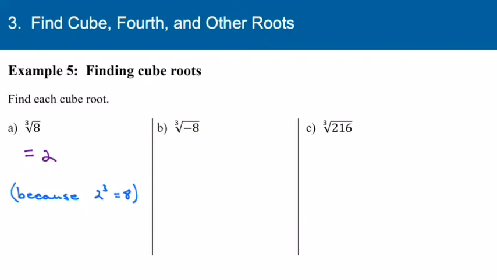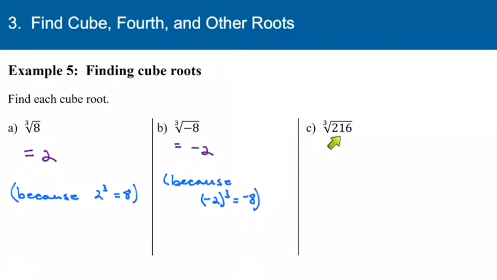In other words, what's a number that we can raise to the third power and get negative 8 as our answer? Well, of course, that is negative 2, because negative 2 raised to the third power is negative 8. Think about it. 2 times 2 times 2 is 8, and negative times negative times negative is negative. So that means the cube root of negative 8 is negative 2.